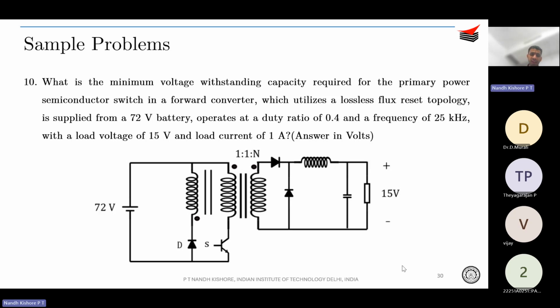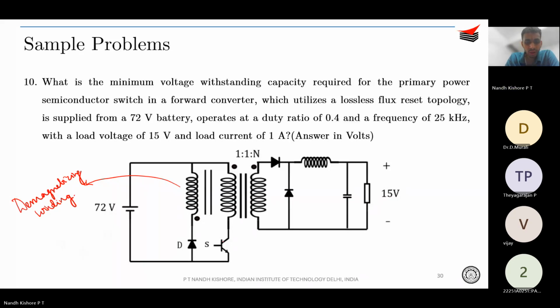From the lecture slides, you would have understood that this has an auxiliary winding or a third winding, which we call the demagnetizing winding. When the switch is on, the operation is similar to a buck converter that you would have already studied.